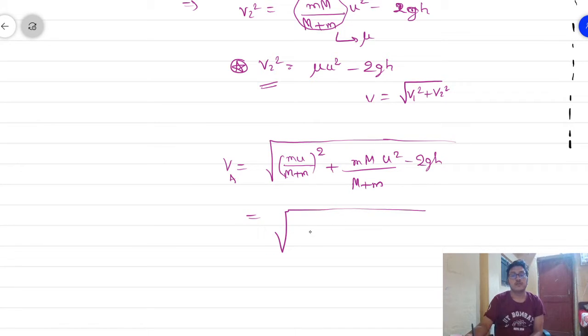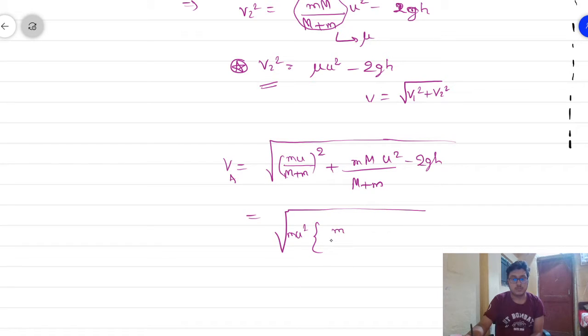After solving, we'll take u square as common, and m is also common.